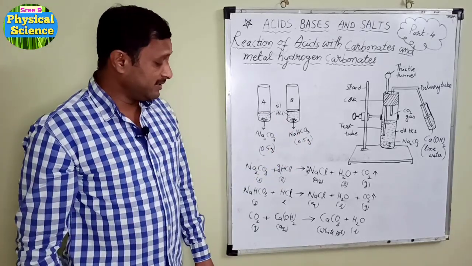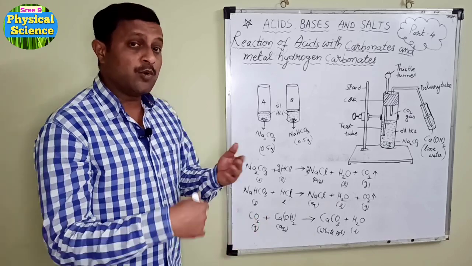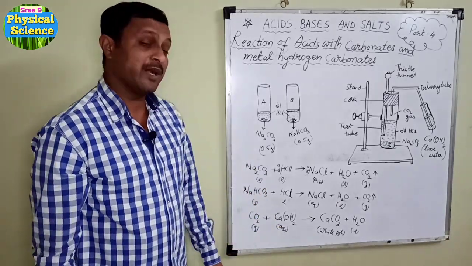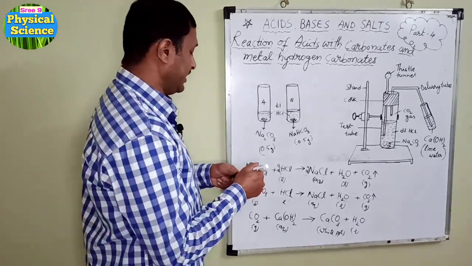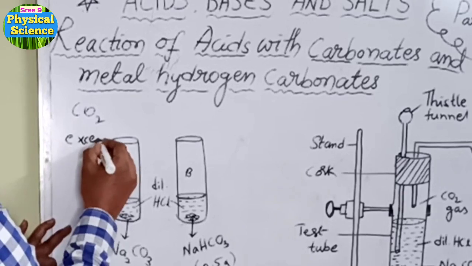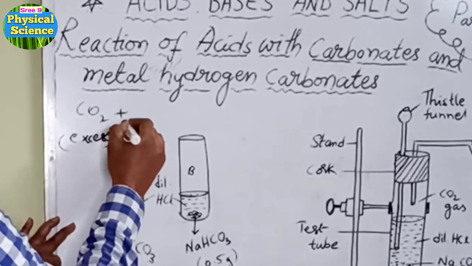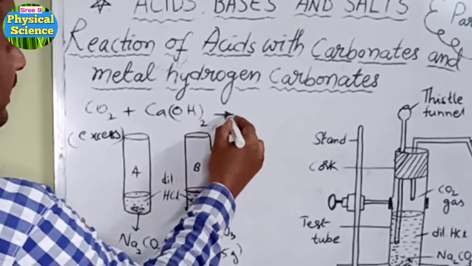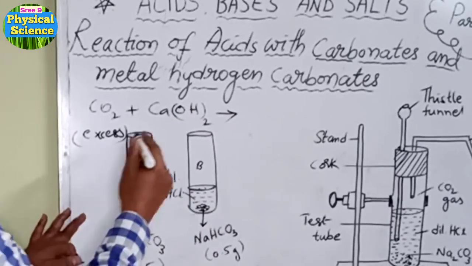Now one thing is here, if we pass more or excess carbon dioxide into calcium hydroxide, what happens, you know? That equation also I am writing here. CO2, which we are passing in excess, plus Ca(OH)2, gives rise to what, you know?